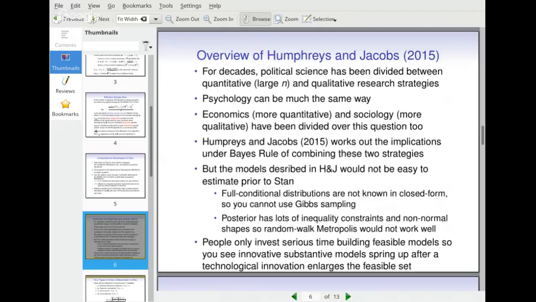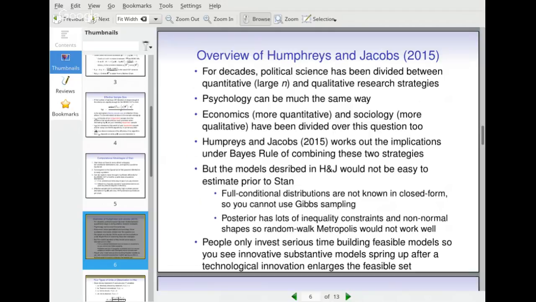So Humphries and Jacobs comes along and works out the implications under Bayes' rule of combining these 2 strategies of having some or a lot of quantitative data on a relatively large number of observations.